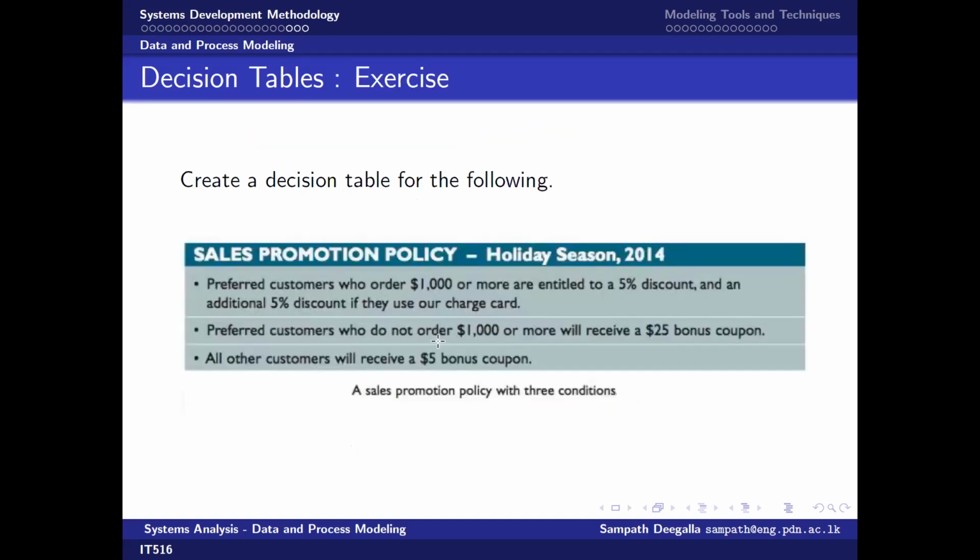So can you tell me what are the conditions here? Order more than $1,000 worth. Yes, one is, okay, let me type this for you. So one condition would be, we can say simply, order $1,000 or more.